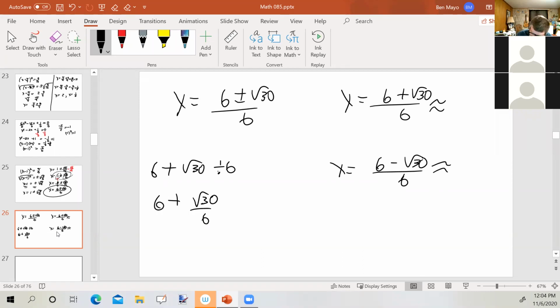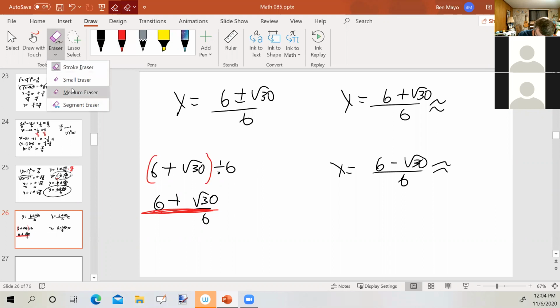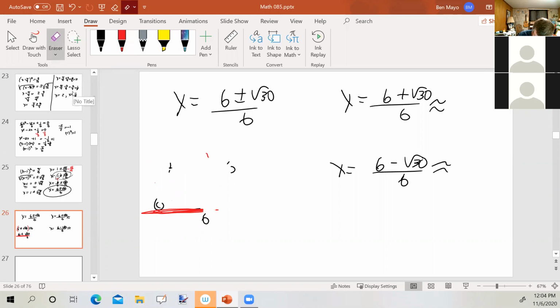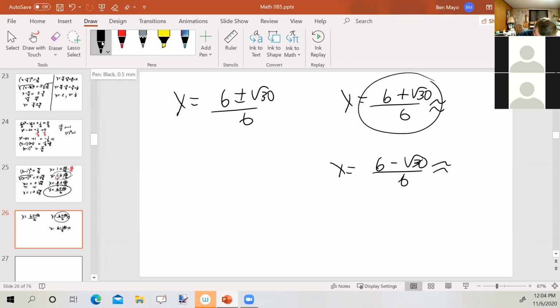So I need to let the calculator know that all of this gets divided by 6. To put this in the calculator, I'm going to start out with a left-hand parenthesis, 6 plus the square root of 30.